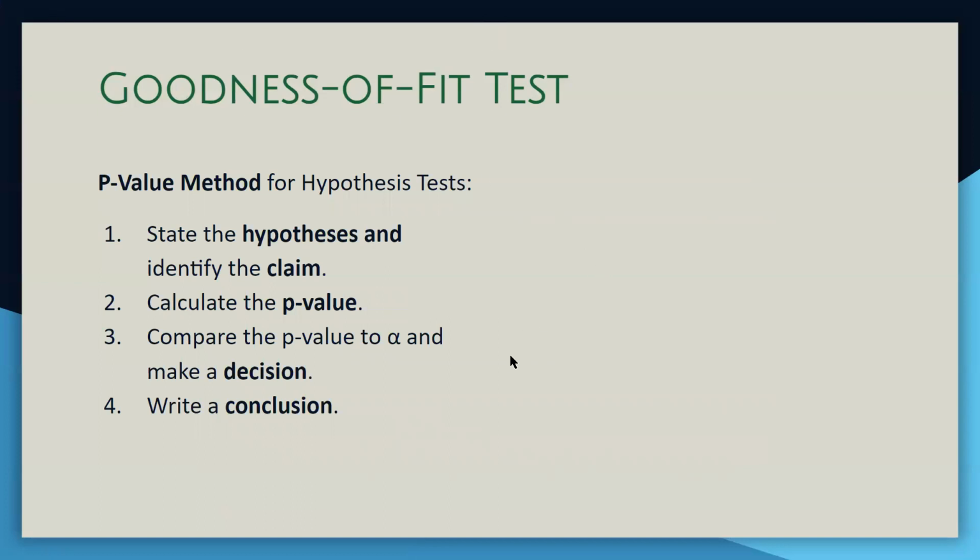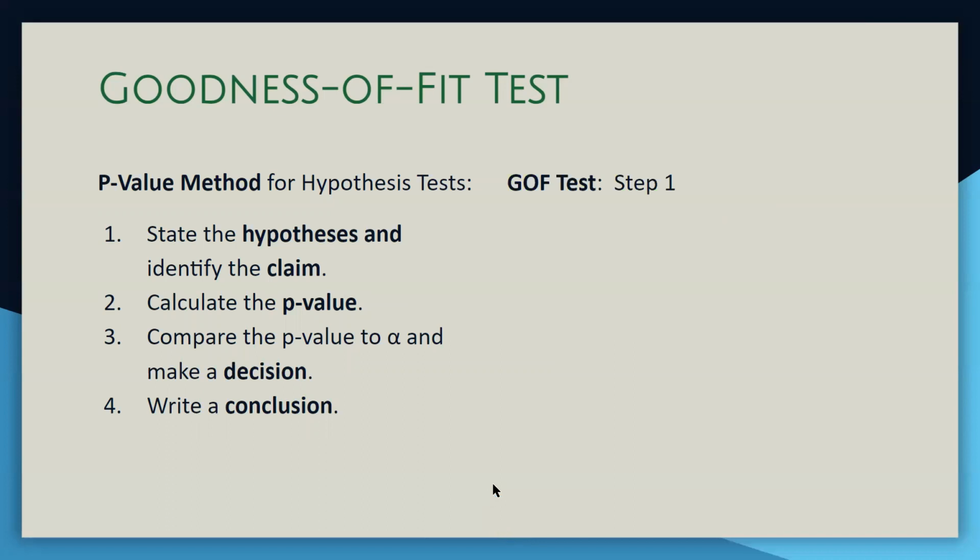Step 2, we calculate the p-value using a calculator. And then for step 3, we compare that p-value to our alpha, our level of significance, and make a decision. And then our last step, step 4, we write a conclusion. We summarize our results in terms of the decision that we made and the claim that we were testing.